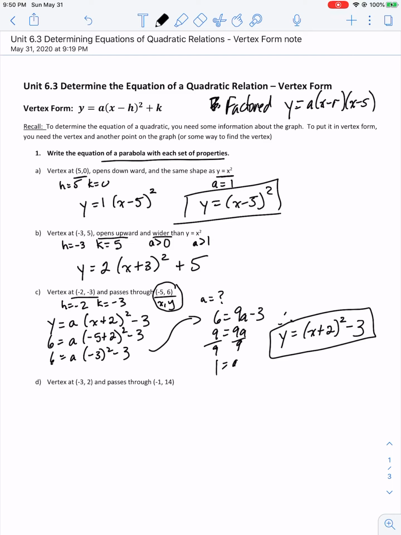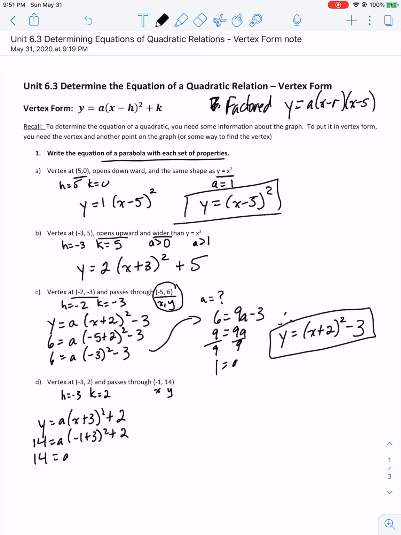Okay, next one. You can try this one. Stop the video, try this one on your own, and then check to see that you're correct. So h equals -3, k equals 2, x and y. So y equals a(x plus 3) squared plus 2. When y is 14, x is -1.